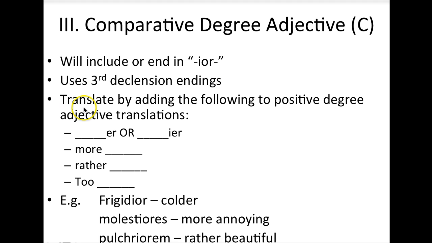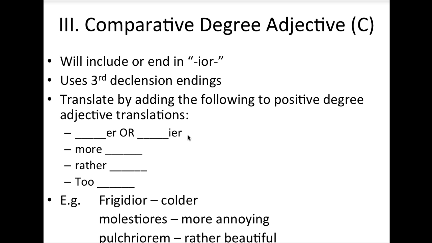So there are a couple ways to translate these. There's some basic ways. The first and second are basic, and the other two are just kind of nice ways to polish things up a little bit. So translate by adding the following to the positive degree adjectives, or to those translations of the positive degree. So really basic, you can add er, but sometimes that doesn't sound right. Like the adjective annoying, for instance.